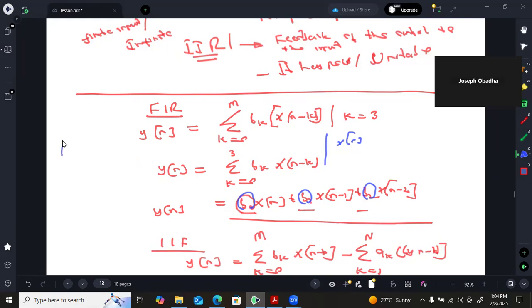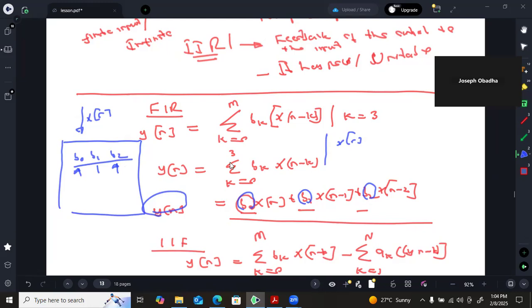So if this is implemented in a computer program, then we only need to store the coefficients b0, b1, b2. Then when the signal x of n comes, it is multiplied by this, a version delayed by 1 unit is multiplied by this, and a version delayed by 2 units is multiplied by this, then you get the output. So that is what the system will be doing.